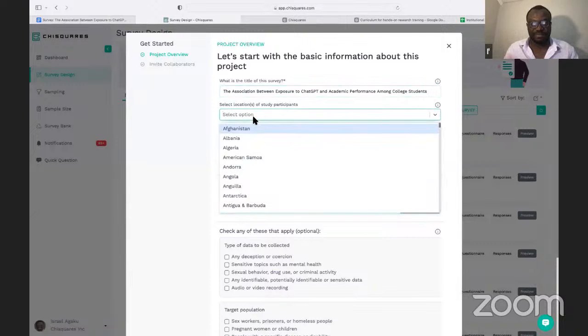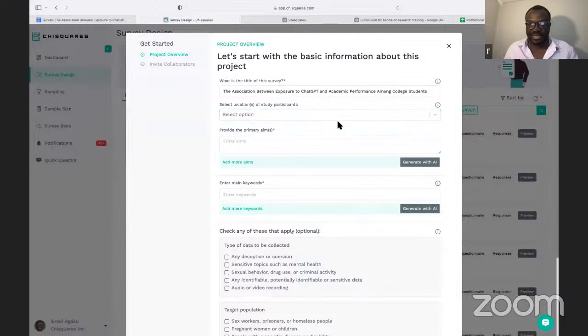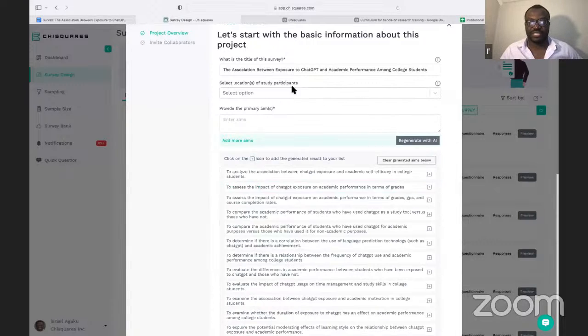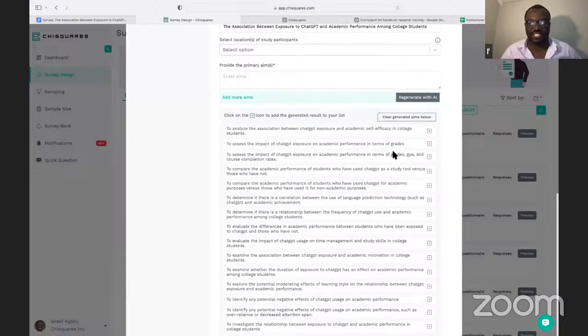The location of the participants, you can leave it blank if you're not sure what that is. The aims, we can ask our AI to suggest aims for the study. Every research study should have aims, so let's have that suggested for us. It takes the context of the study and has suggested these aims to analyze the association between ChatGPT exposure and academic efficacy.